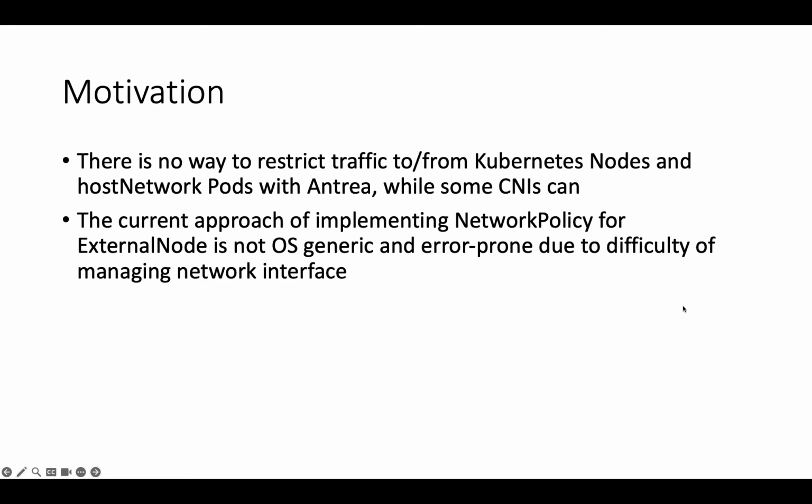The second motivation is to find a better data plane implementation for the external node feature, because currently there are some platform issues and some data plane conflicts which we are not able to resolve in a generic way, and it's potentially hard to maintain compatibility with various operating systems as well.